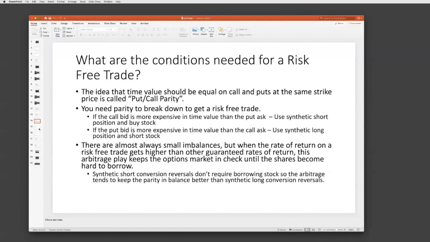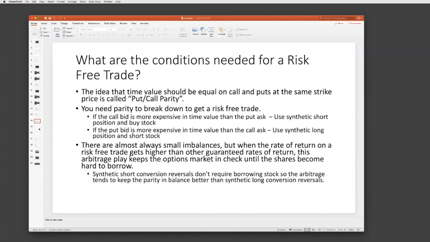Yes. So if you put this position on all at once, you have everything in your account that will make it work. You're assuming that the exercise will take place, and that the option only has to be in the money. It has to be 1 penny away from the strike price.